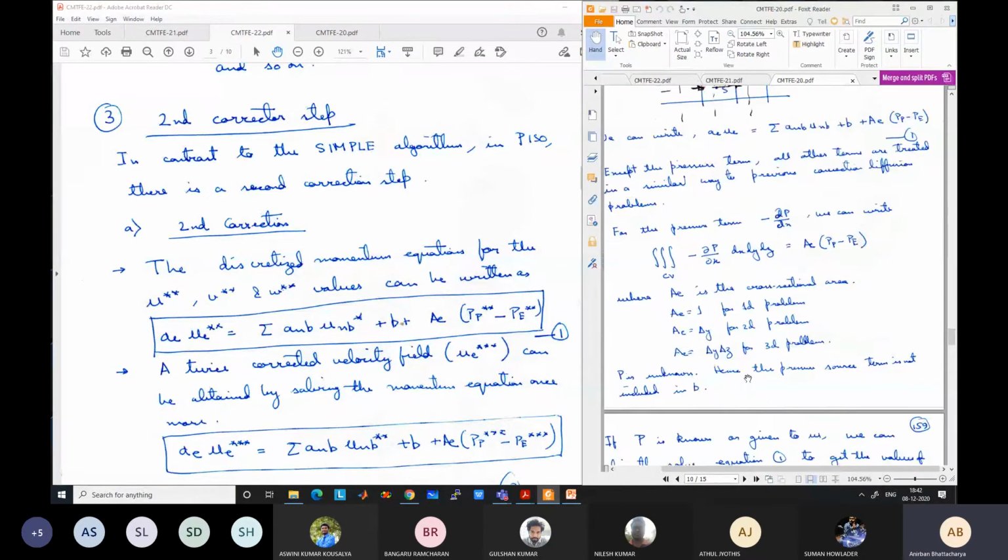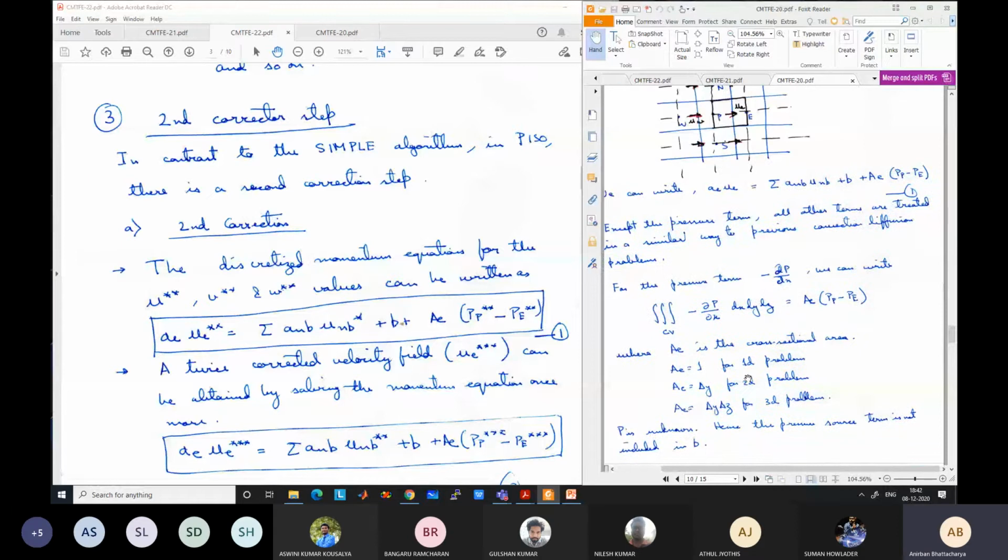So now we will solve this with certain known values and certain unknown values. We will not solve this, we will write this. How will we write it? We will write this discretized momentum equation in terms of double star values.